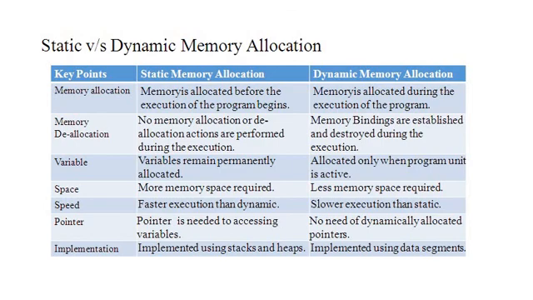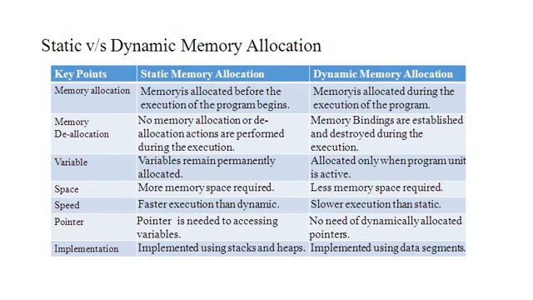So these are the 7 key points for static versus dynamic memory allocation. According to space, dynamic memory allocation is better. For speed, static memory allocation is faster than dynamic memory allocation, because a pointer is used for accessing variables, while in dynamic allocation there is no need of any pointers.